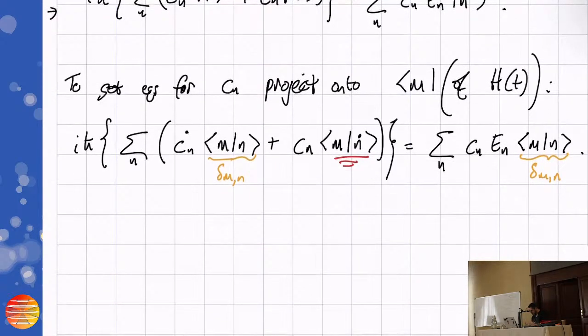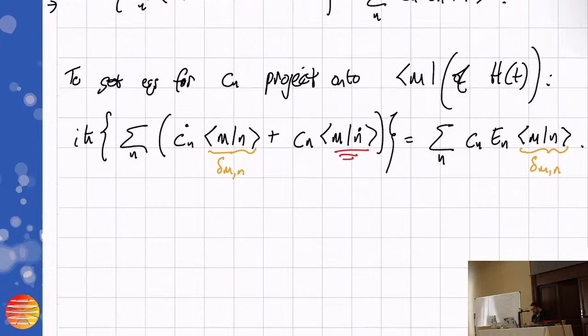So, the fact that these guys are Kronecker deltas means I can simplify a lot of these sums. In fact, the only term where the sum is meaningful is where I have the ⟨m|n dot⟩. That's the only one where I can't get rid of the sum. Everywhere else I can strip it away down to just a single term. So we can simplify.